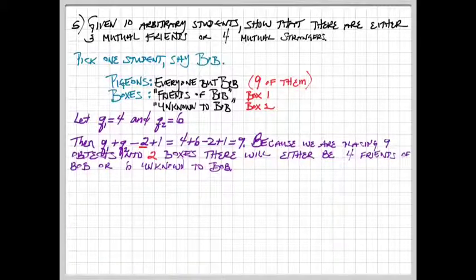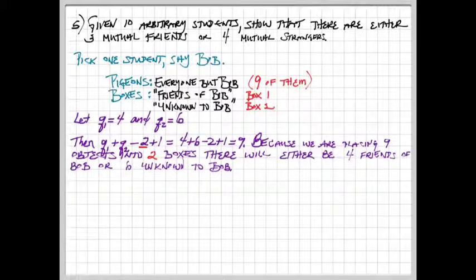Notice that if you take Q1 plus Q2 minus the number of boxes, which in this case is 2, plus 1, we get 9. That's the number of people we're distributing. So we're distributing 9 people into 2 boxes. According to the strong pigeonhole principle, there will either be 4 people in the Friends of Bob box or 6 people in the box who are unknown to Bob.